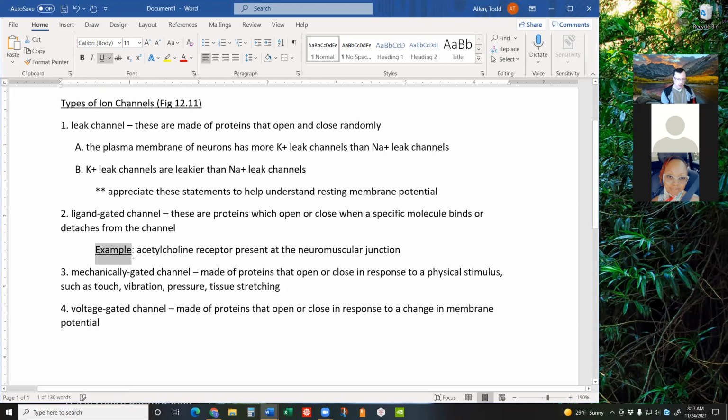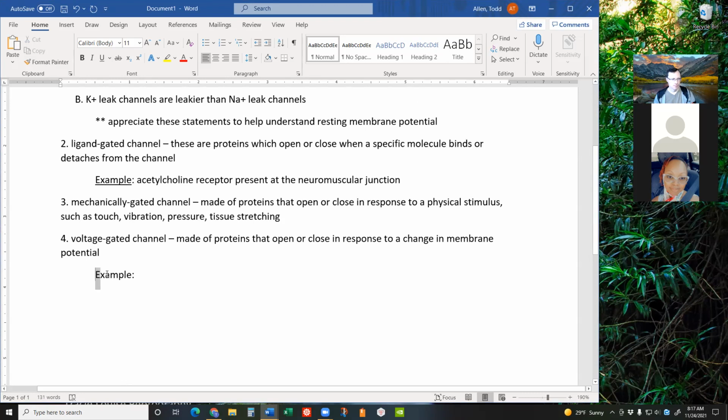Think about that neuromuscular junction. What did we talk about in chapter 10 that was an example of a voltage-gated channel? What was the name of that?